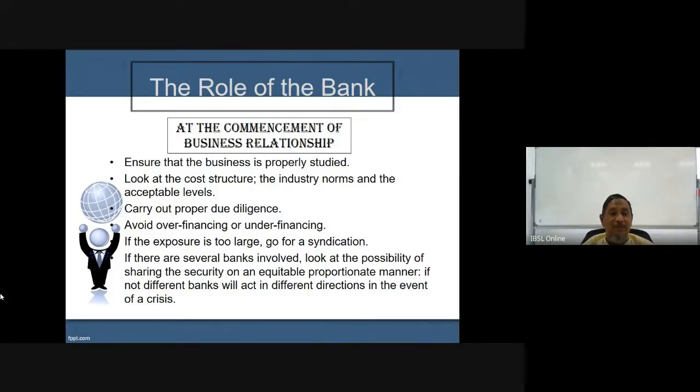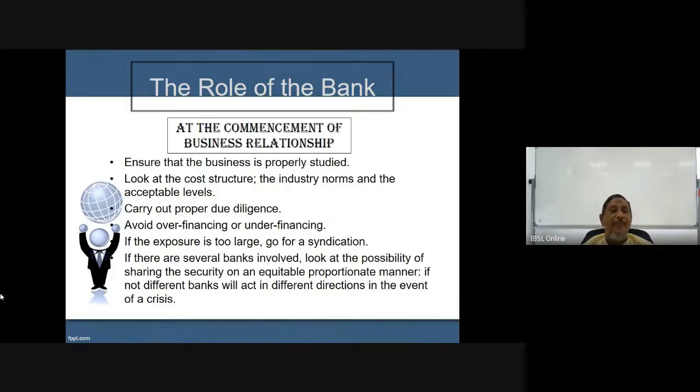If not, different banks will act in different directions in the event of a crisis. So there's a product for that, security for concurrent mortgage. Then we have a proportionate manner.